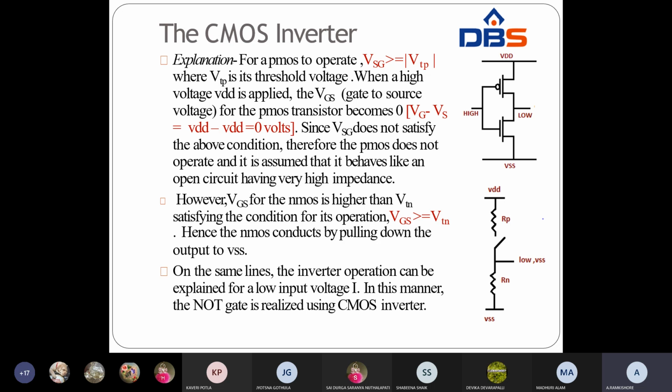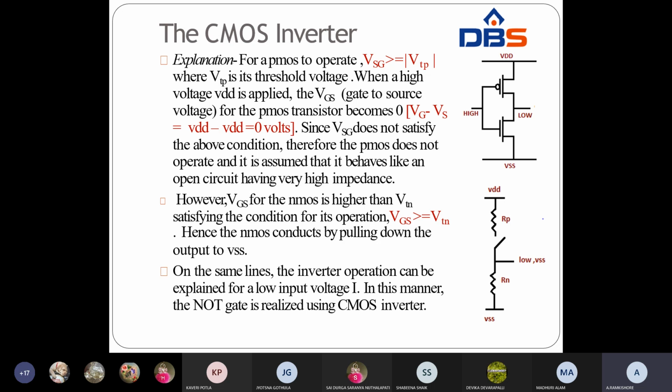So that is clearly explained in this PPT. However, VGS for the NMOS is higher than VTN, satisfying the condition for its operation, that VGS is greater than or equal to VTN. Hence the NMOS conducts by pulling down the output to VSS.